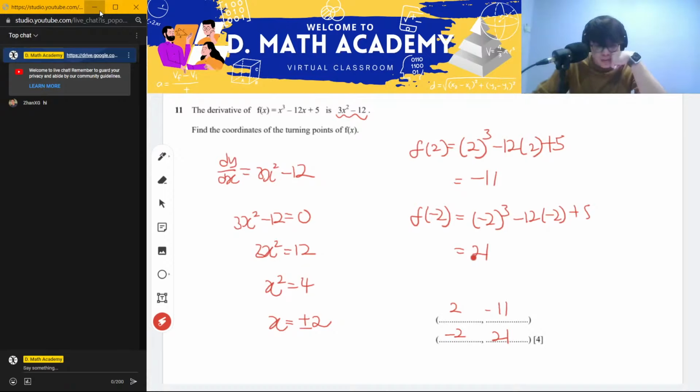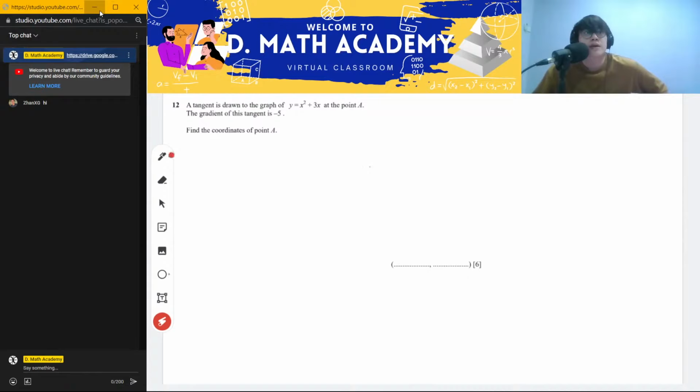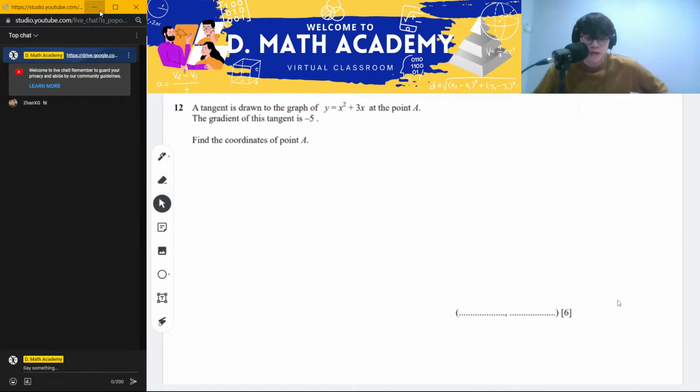Okay. Mutasim, if you use your calculator to get the x value, it is also correct. It's not necessary to follow my steps here. That is acceptable as well. So this is for question 11. If you are ready, you can give question 12 a try.